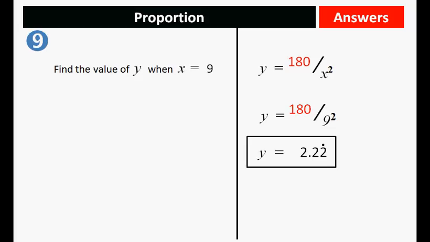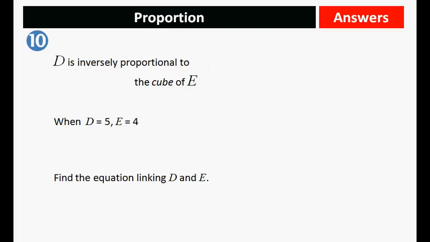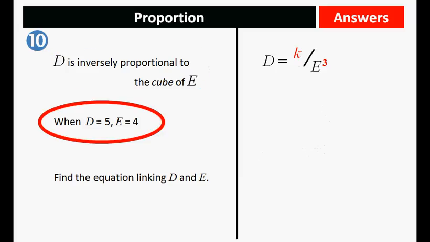Last question. D is inversely proportional to the cube of E. So we've got D equals something divided by E cubed. We've got two values of D and E, so we can put those in to try and find out what this missing value K is.